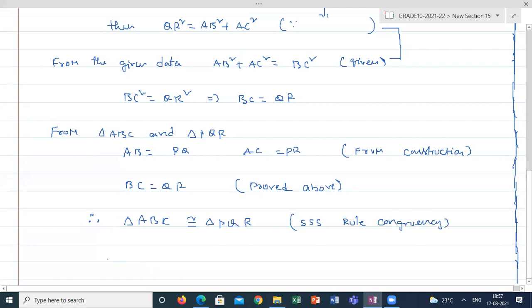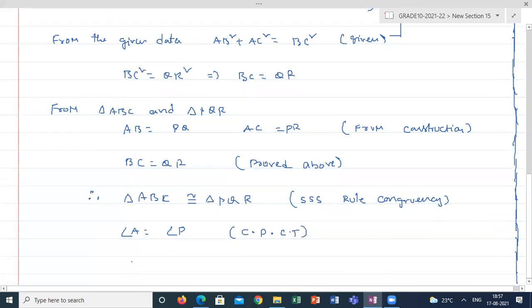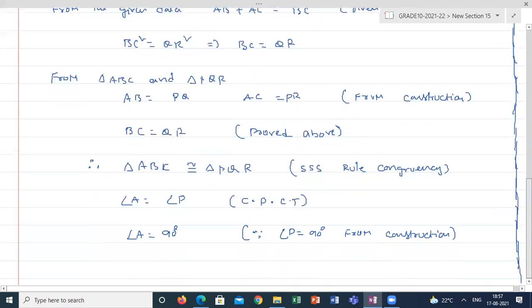So from here, angle A is equal to angle P, corresponding parts of congruent triangles. I constructed the triangle with angle P equal to 90 degrees. So since angle P is equal to 90 degrees from construction, what can I conclude here?